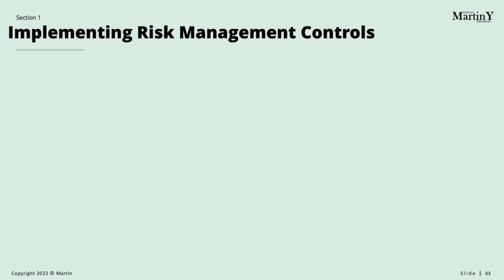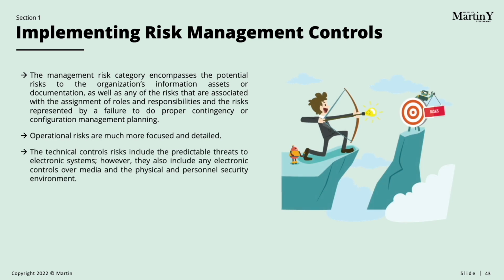So the first category, or the management risk category, normally focuses on the potential risk to the organization's information assets and documentation, as well as any risks that are associated with the assignment of roles and responsibilities, and those are normally represented by failures to properly conduct planning.